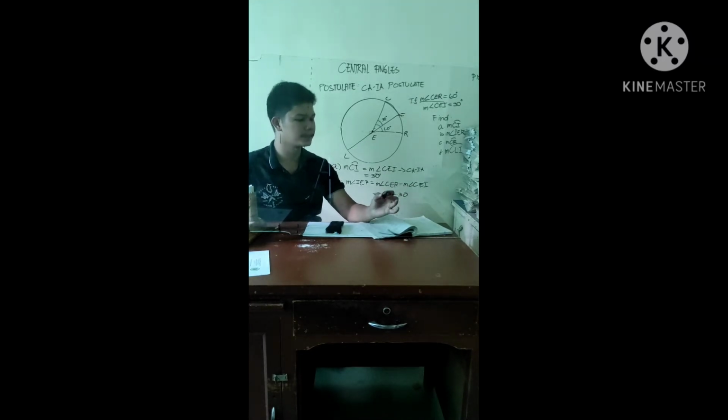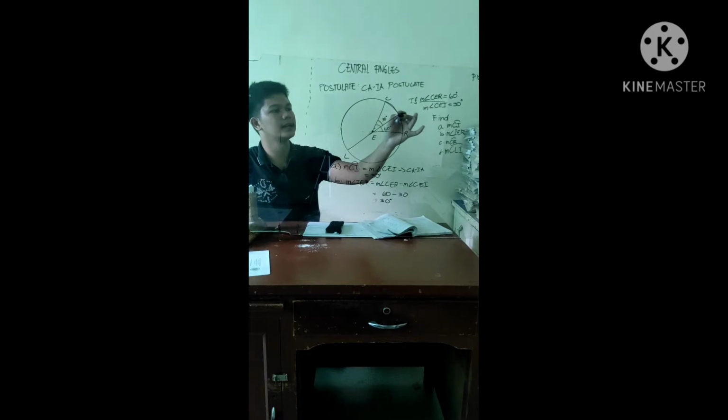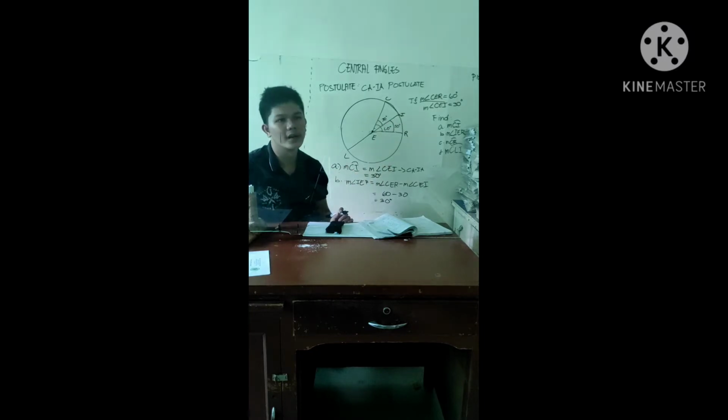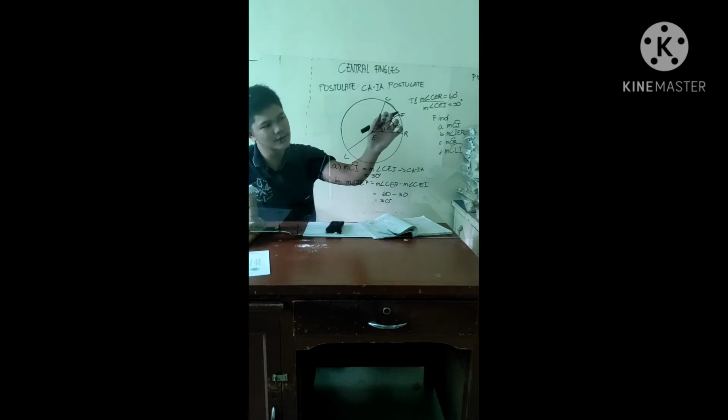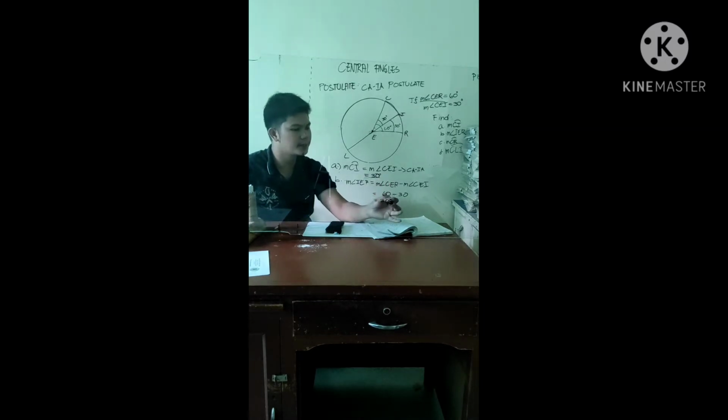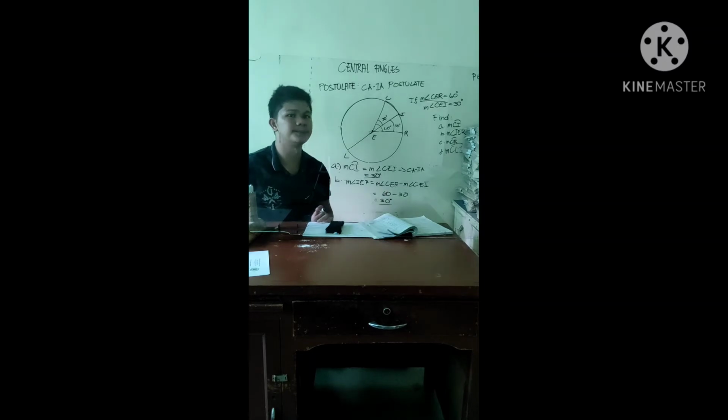We have 30 degrees. Okay? So, meaning yung measurement ni angle IER, okay, is equal to 30 degrees. Okay? So, yung total niya, 60 degrees. That is CER. Now, nandyan na si letter A, letter B, letter C naman tayo.